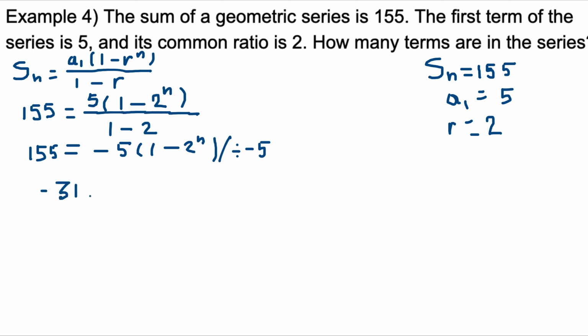So minus 31 is equal to 1 minus 2 in exponent n. Subtracting 1 from both sides, minus 31 minus 1 is minus 32.